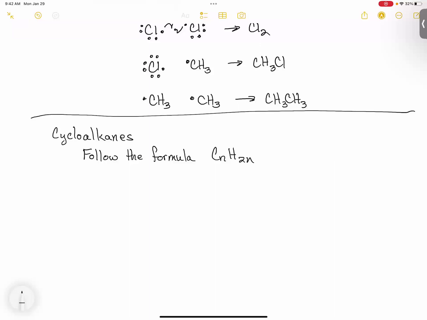Basically, these are compounds of carbon and hydrogen only that are cyclic.